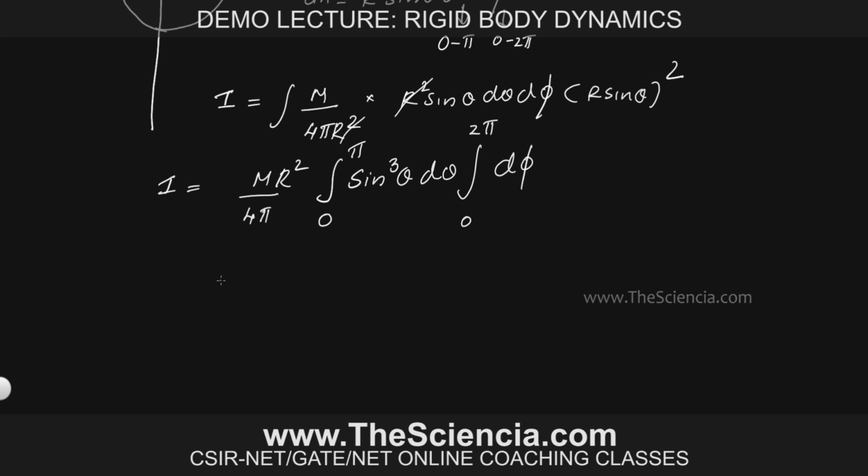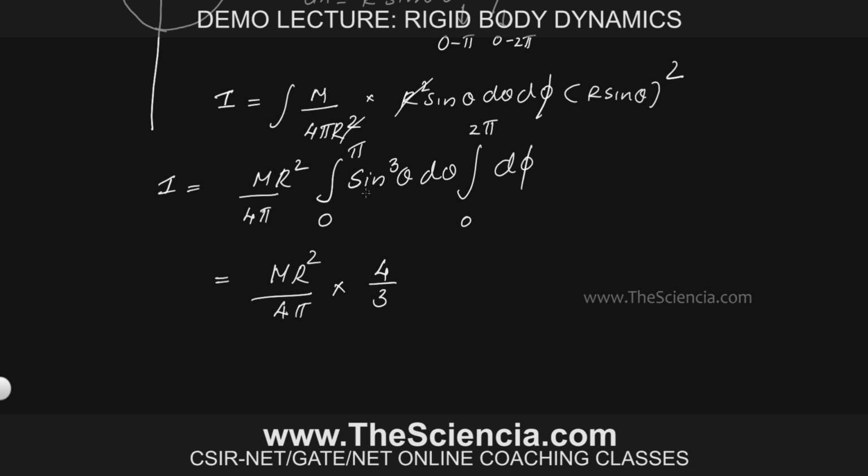So what we get, m r square by 4 pi into the integral from 0 to pi of sine cube theta d theta, which is 4 by 3. I will discuss these standard formulas in my mathematical physics class.